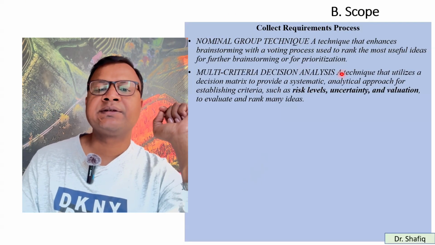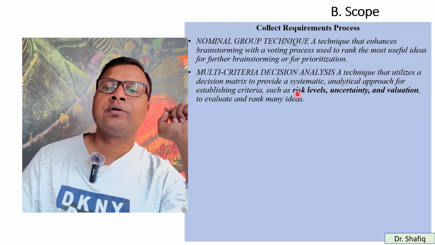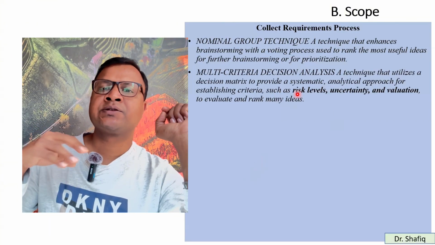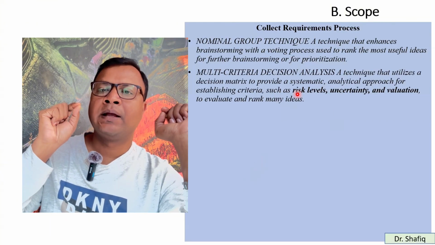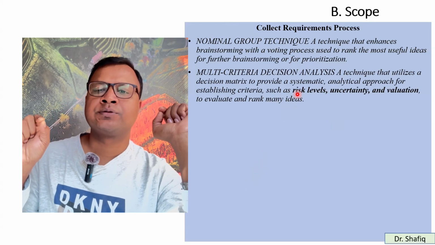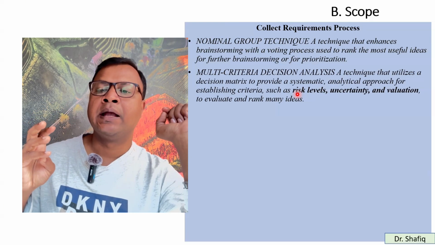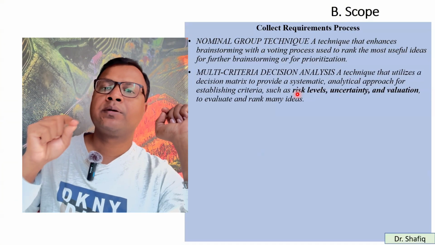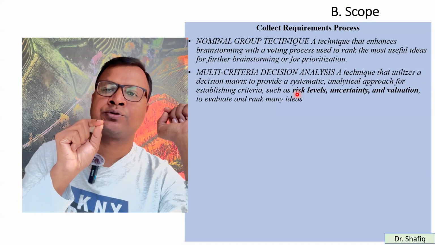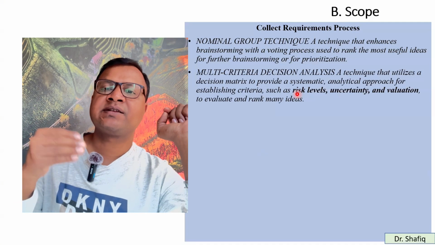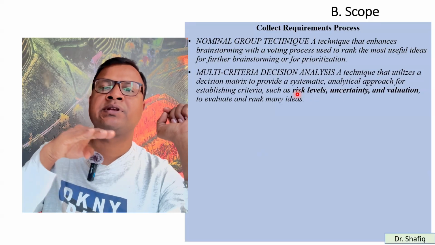And what is multi-criteria decision making? Actually, you can ask questions mentioning many options, many issues like risk level, uncertainty, valuation. So you are going to take an option or proposal, but first ask people questions about the risk level.